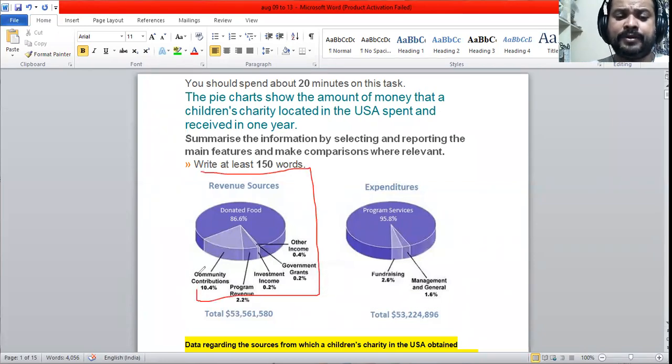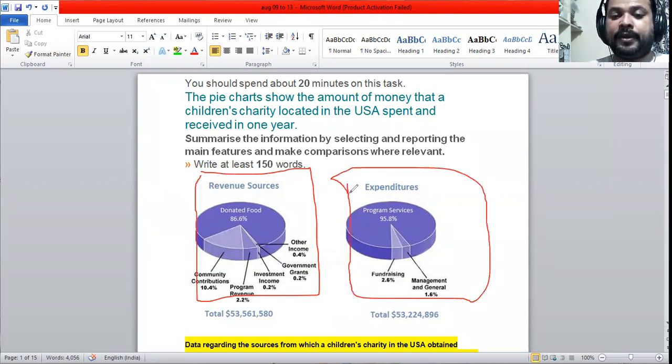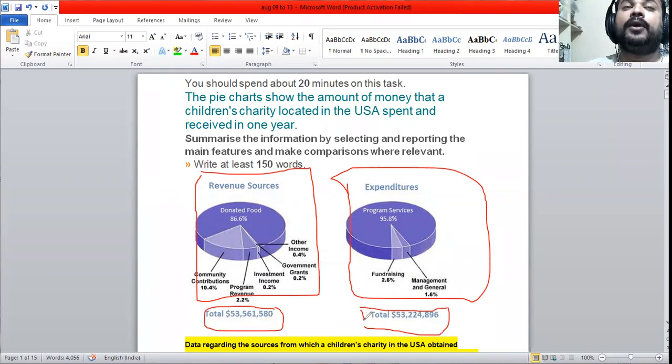This is to be written separately, and this is to be written separately. Then if you want, you can compare this and this. This is way number one.